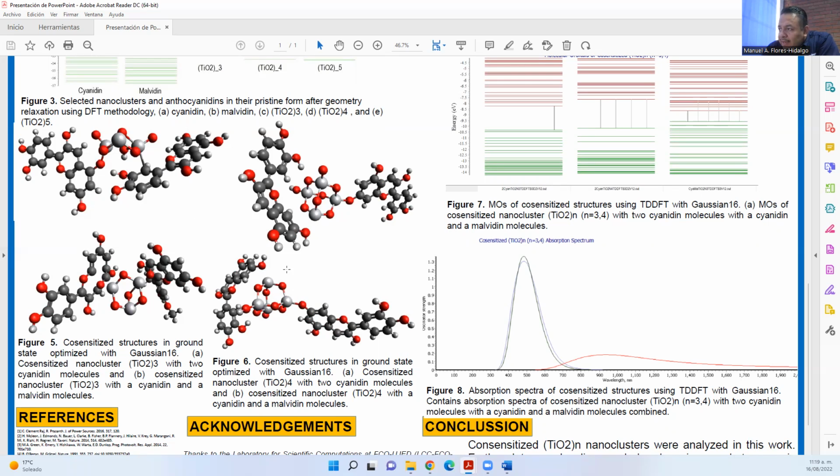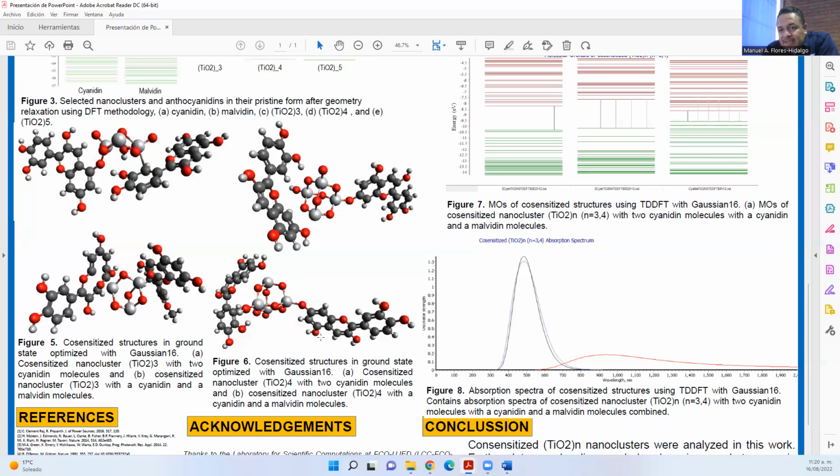On the other hand, we have here in figure 6 the 4-unit titanium dioxide nanocluster surrounded by 2 cyanidin molecules. Here in the top and in the bottom, we have the titanium dioxide, and we replaced one of the cyanidins, it seems like the one on the left, by a malvidin molecule.